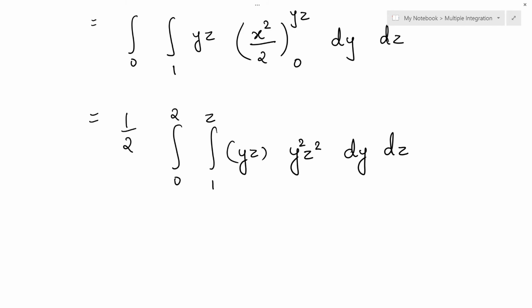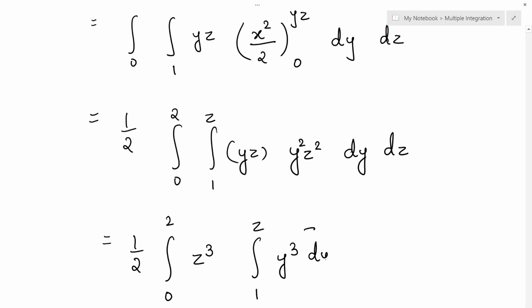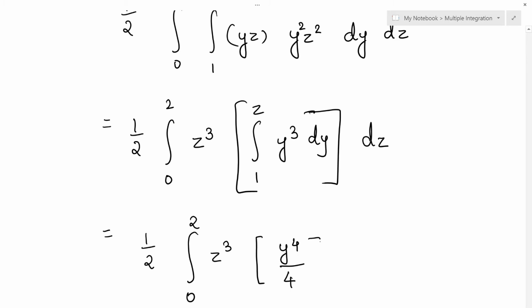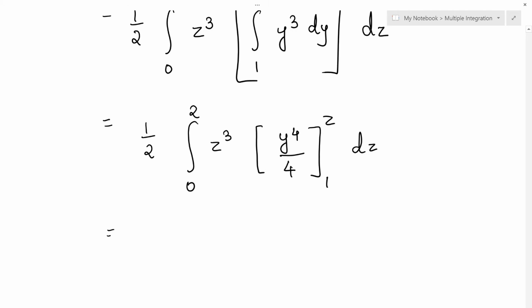Now you have to integrate with respect to y. So I am just keeping my y terms and shifting my z terms to the other side. So 1 by 2, 0 to 2. My z cube will come outside the integration because we are integrating only with y. So I will get 0 to 2 z cube, y raised to 4 upon 4, as the limits of integration are 1 and z.